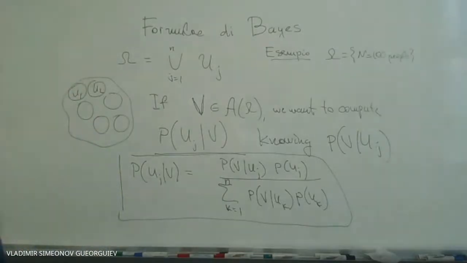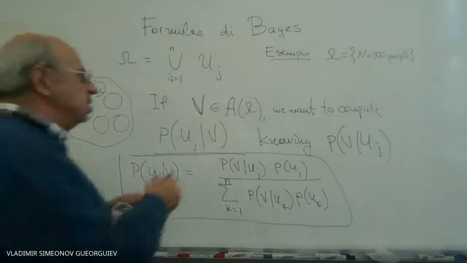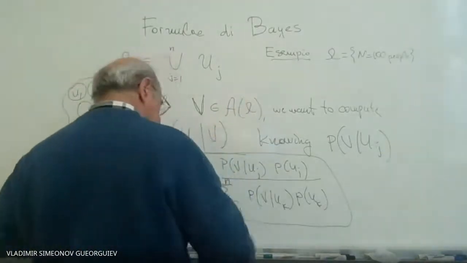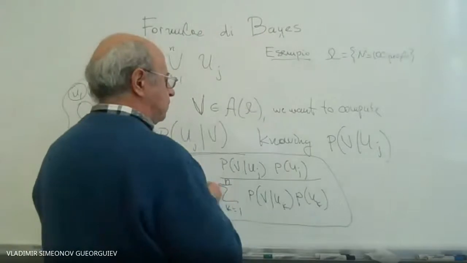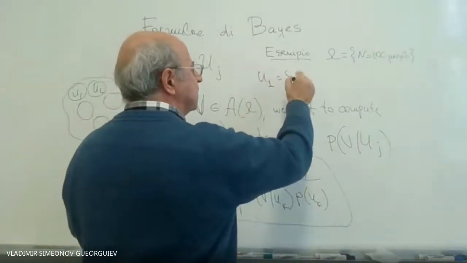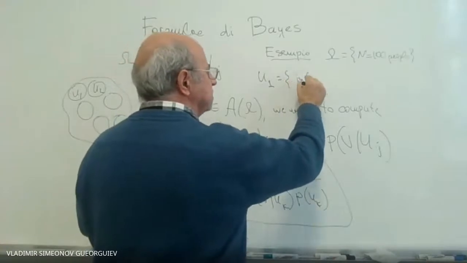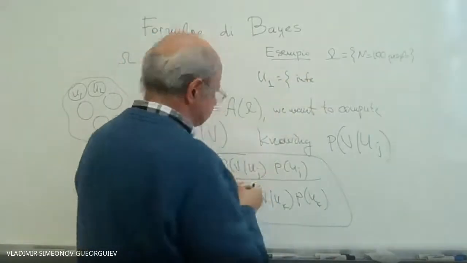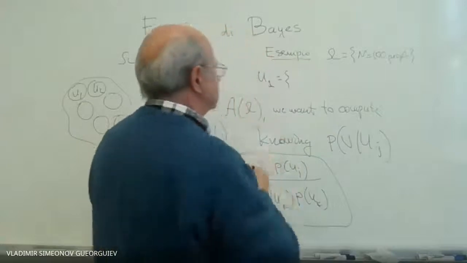And we divide these people in, for example, today we measure all these people and we can say U1 is the set of infected people. They're coronavirus positive.